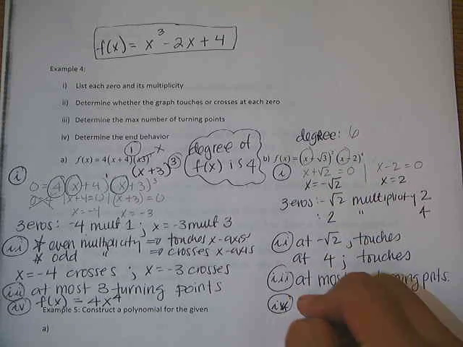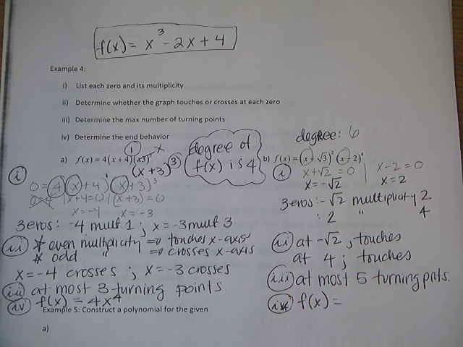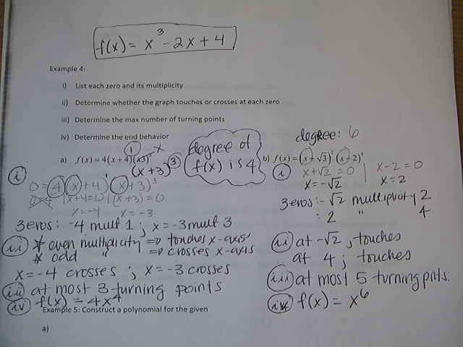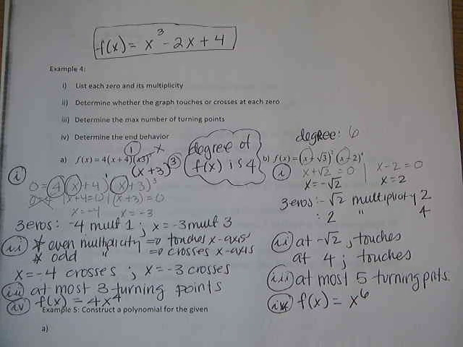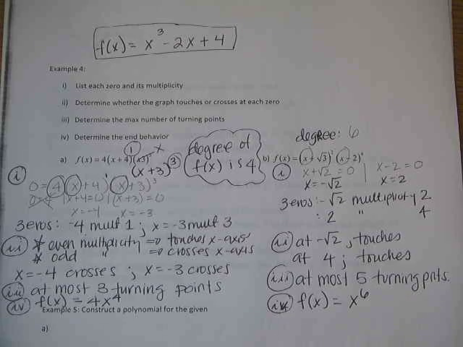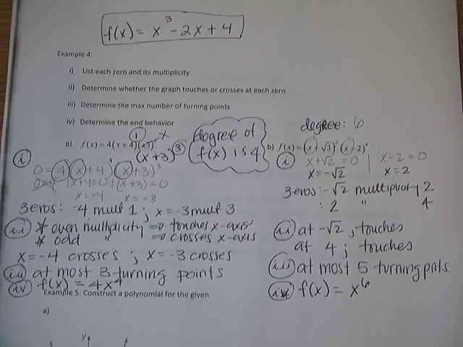The end behavior is an equation, so we'd write f of x equals x to the 6th. And I'm just going to take a break to drink some water. Okay. And please just listen to it again if you didn't get some of the parts here.